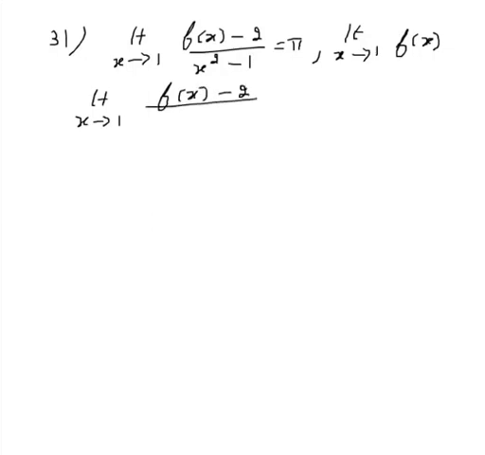For rational expressions, we always do factorization. Because of this factor, the denominator is becoming 0. We are not able to apply the limit, but the limit exists. The answer is pi, it is given. So x minus 1 should be a common factor which gets cancelled.